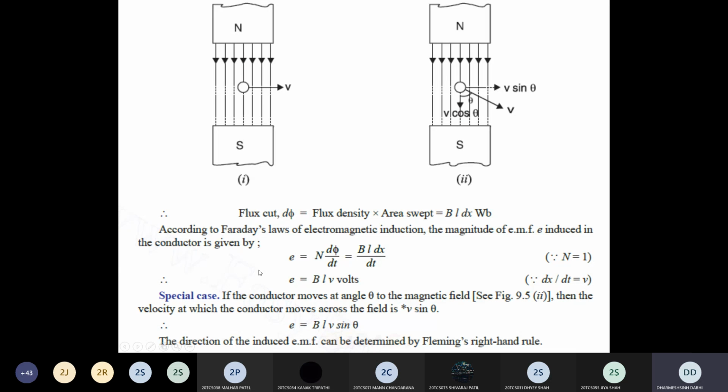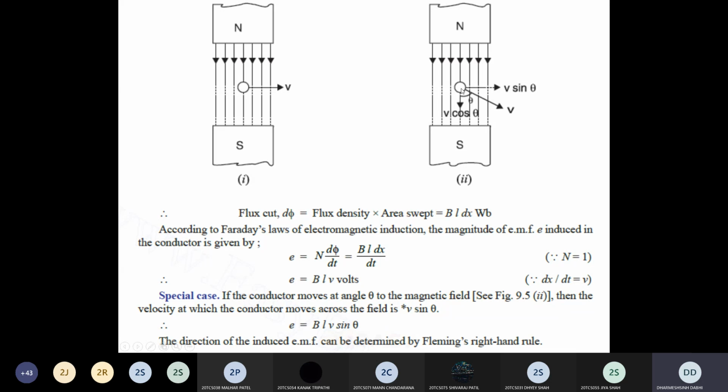Clear? Now suppose we take a special case. You can see figure number 2. In the first figure, the conductor is moving exactly at right angle to the direction of flux. But in the second figure, the conductor is moving at some angle theta with respect to the direction of flux.